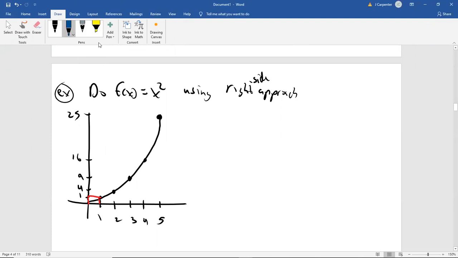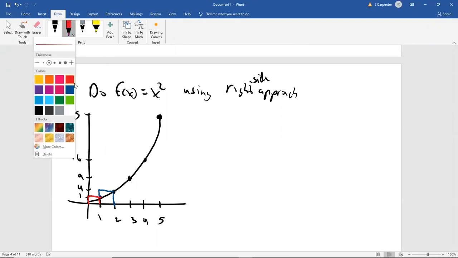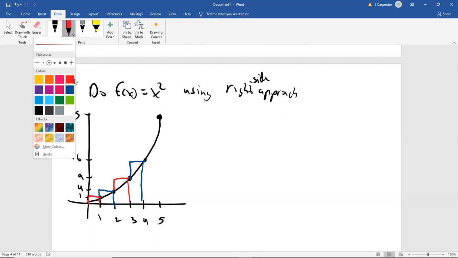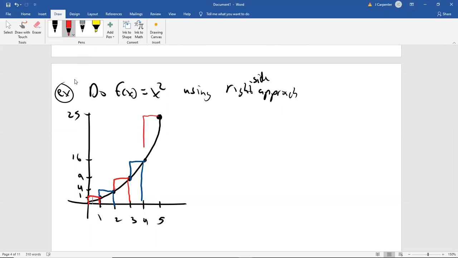Then our second one, anchoring it from the right side, you have this as your rectangle. And the next one would look like this. Then the next one, and then the next one.